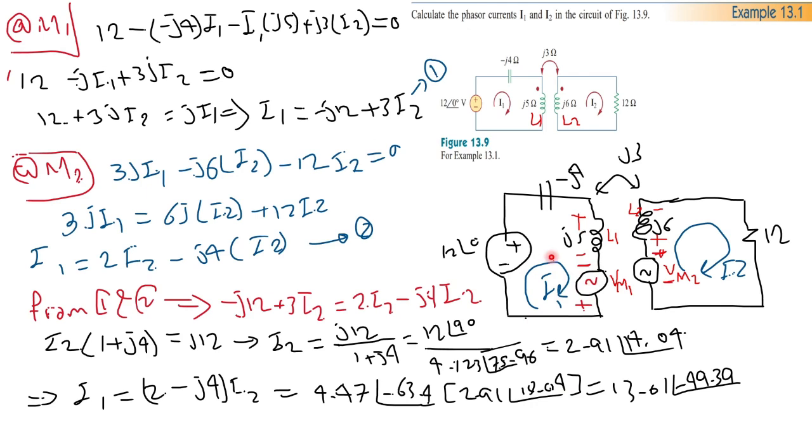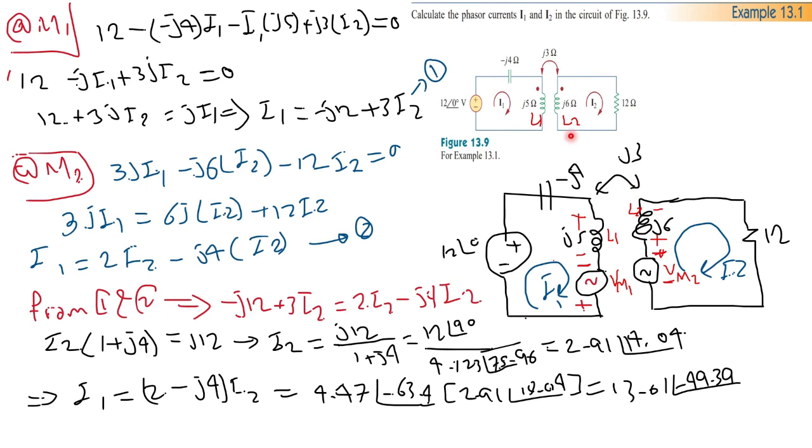If we apply Kirchhoff's voltage law to the circuit, I have 12 at angle 0, minus the voltage drop around the capacitor, minus j4 I1, and then a voltage drop around L1, minus I1 j5, and then a voltage rise, which is I2 multiplied by the mutual impedance, defined as j3, so it would be positive j3 I2.